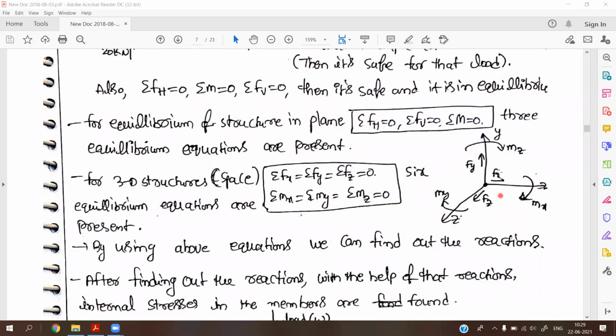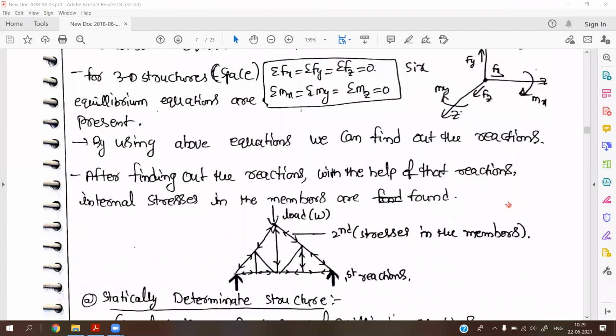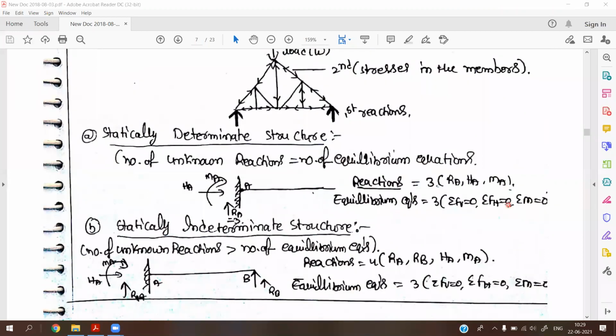So for a 3D structure we have six equilibrium equations: three translations along the directions, and in the three-dimensional coordinates we have three rotational equations. So totally we have six equilibrium equations. That is the main concept.